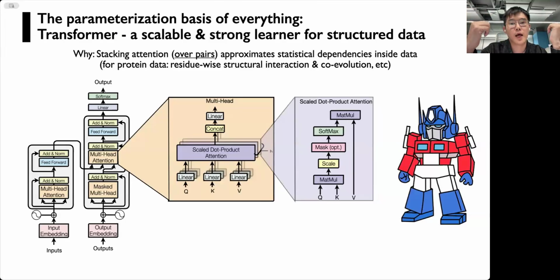The reason is that when you stack the core component, the attention of the transformer, layer by layer, you approximate the statistical dependencies inside this structured data. For protein data, these statistical dependencies correspond to residue-wise structural physics interactions or the co-evolution patterns of two amino acids.